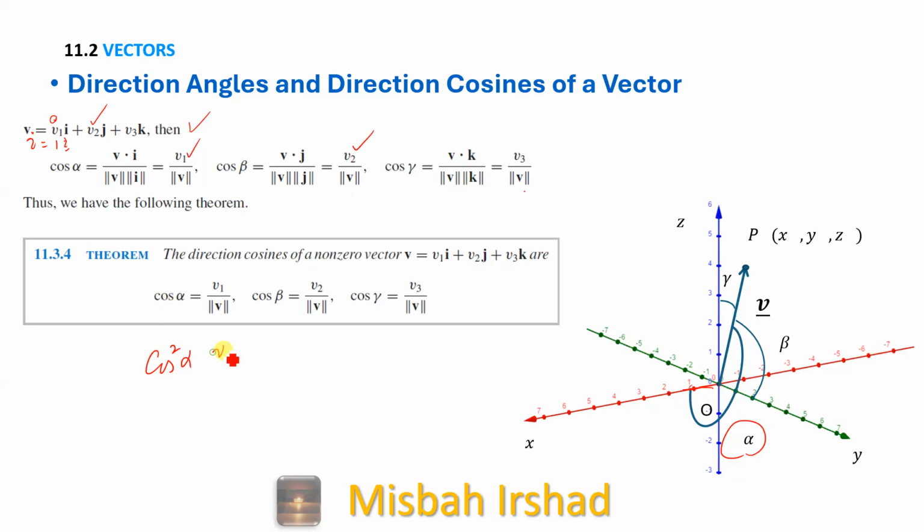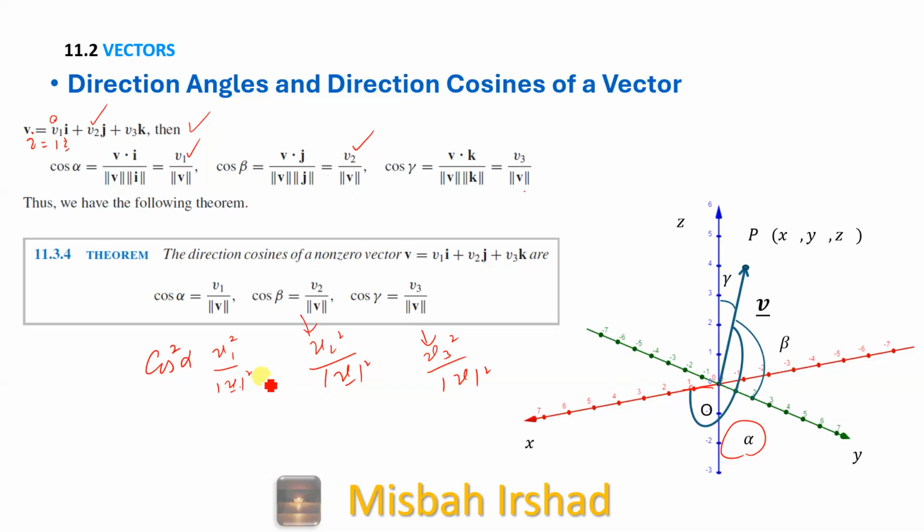Cosine square alpha is actually v1 square over the magnitude of v squared. Similarly, cosine square beta is v2 square over the magnitude of v squared. Similarly, cosine square gamma is v3 square over the magnitude of v squared.